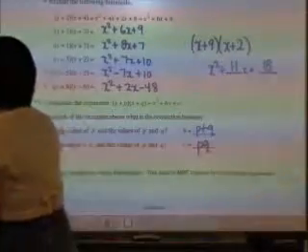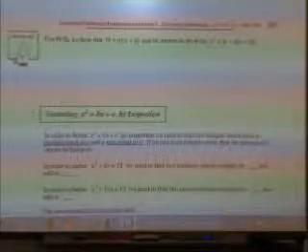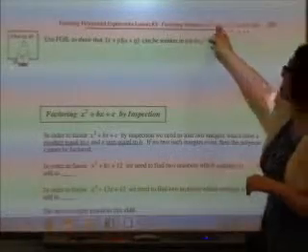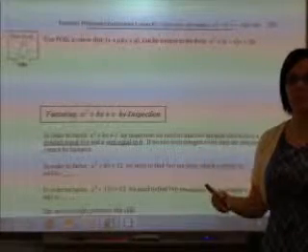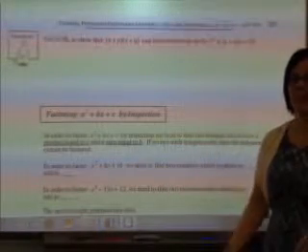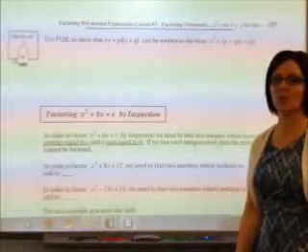So the next one just looks at using FOIL to show that x plus p times x plus q can be written in the form that is shown here. So if I FOIL this out, FOIL is the acronym for the distributive property, the first, the outside, the inside, and the last. I don't use FOIL very much because I want you to remember we're always distributing.